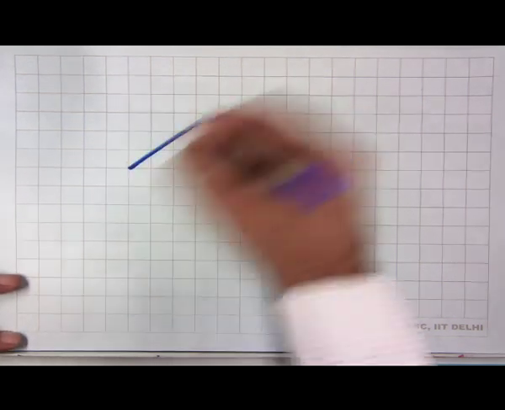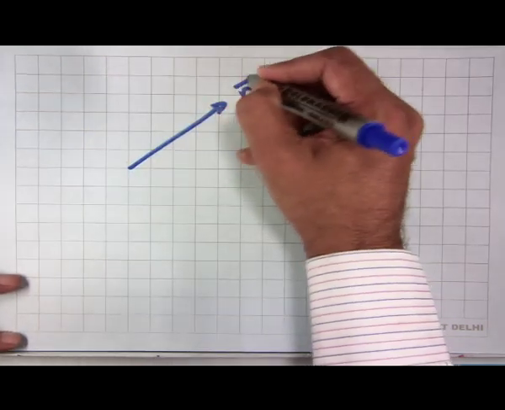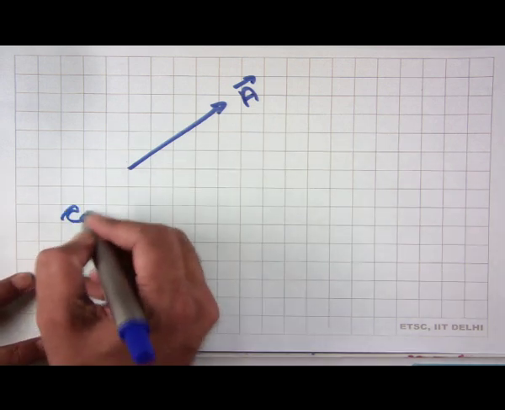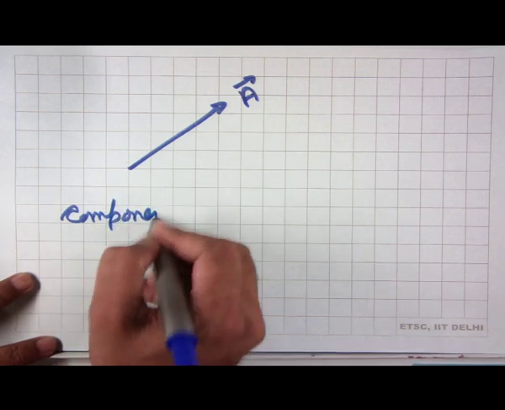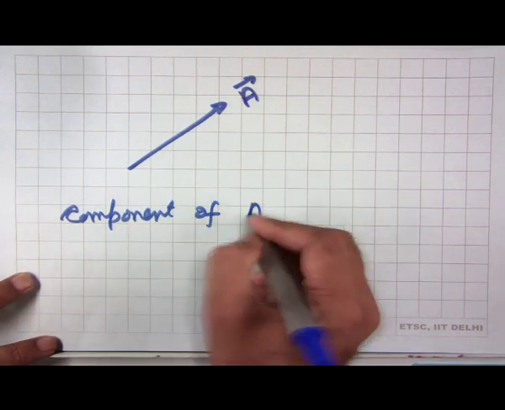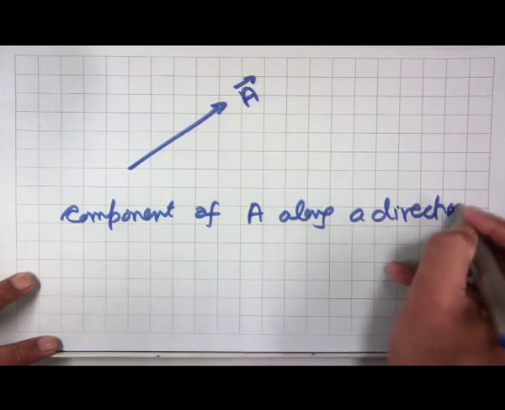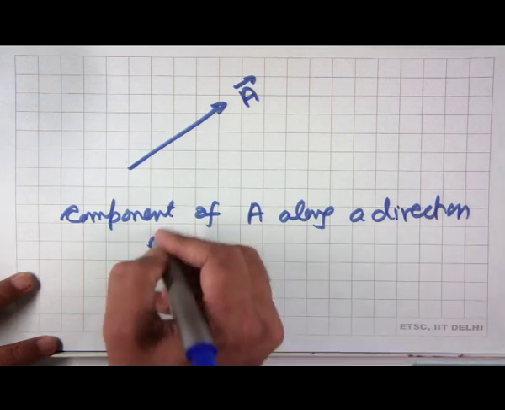Suppose we are given a vector A and we have to find the component of A along a direction EB.